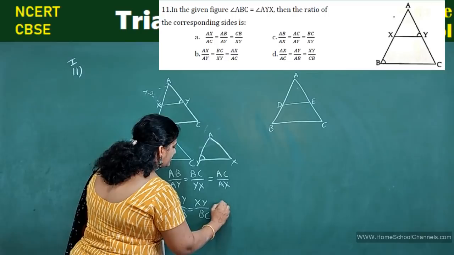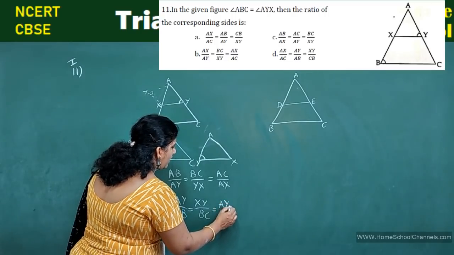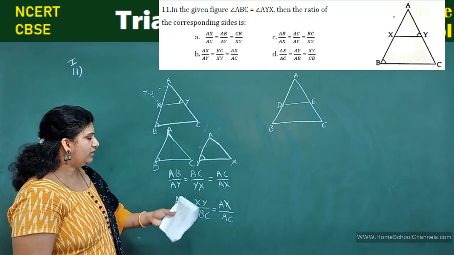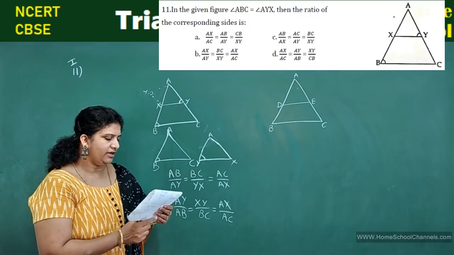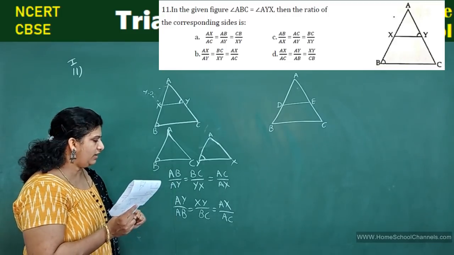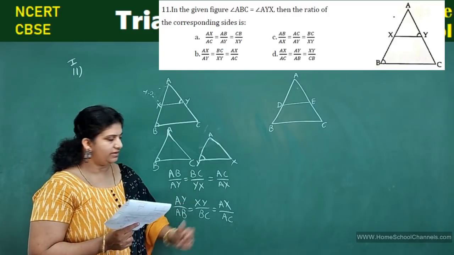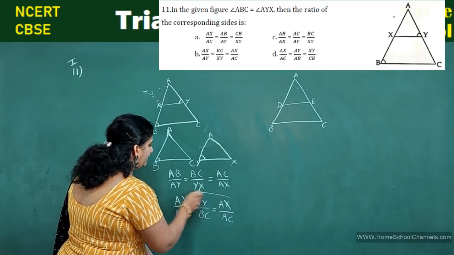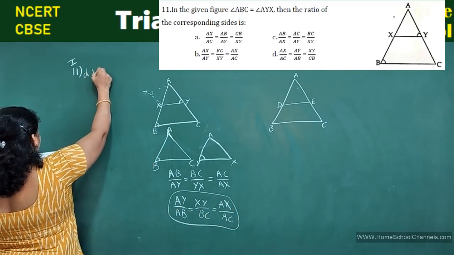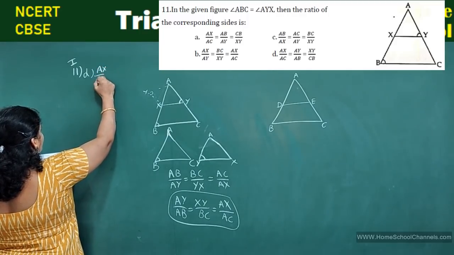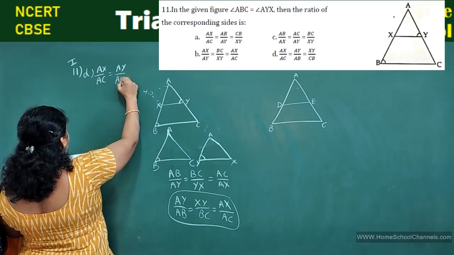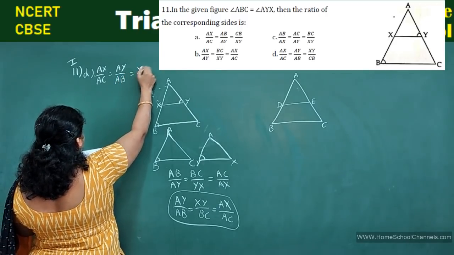Also you can write it as equal to AX by AC. Okay. Now see option D: AX by AC, AY by AB, XY by CB. Yes, this is the right answer. That is your option D.